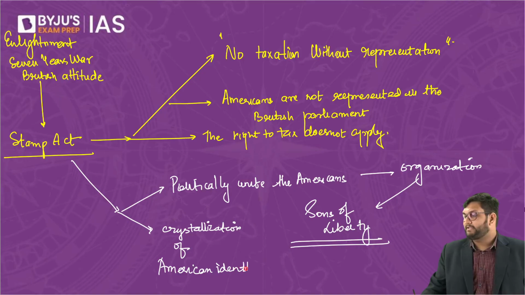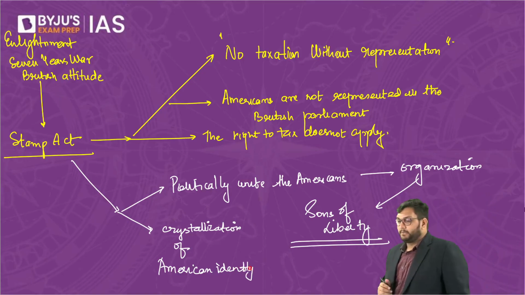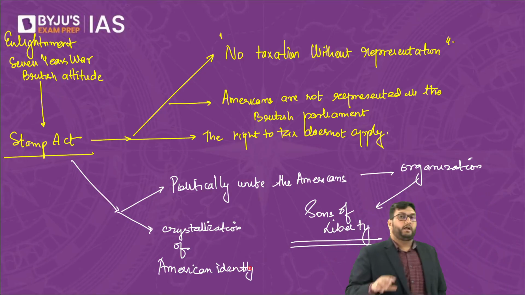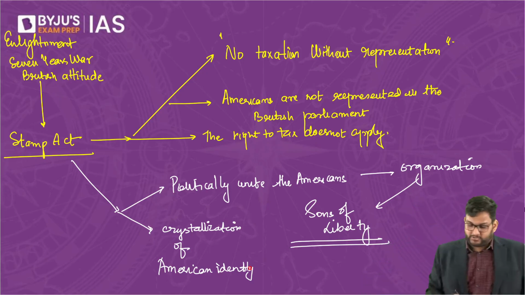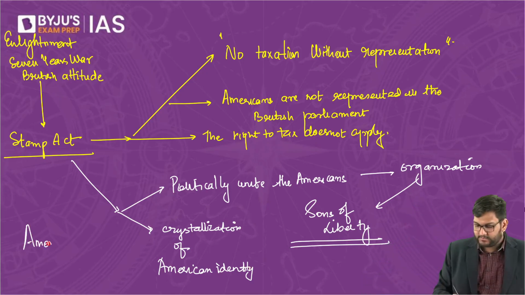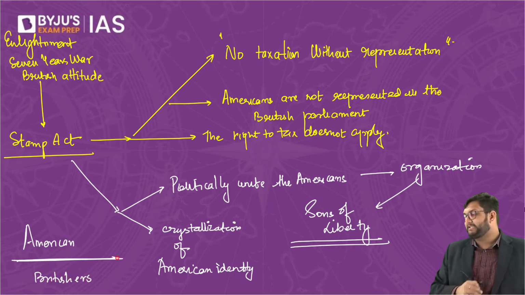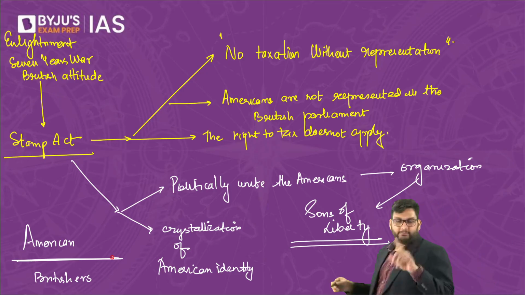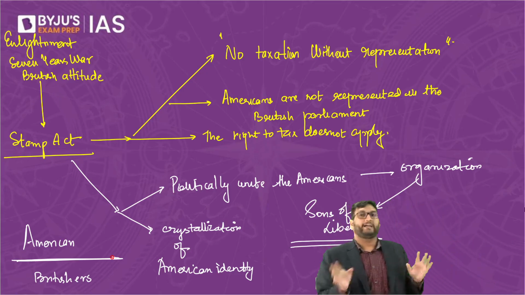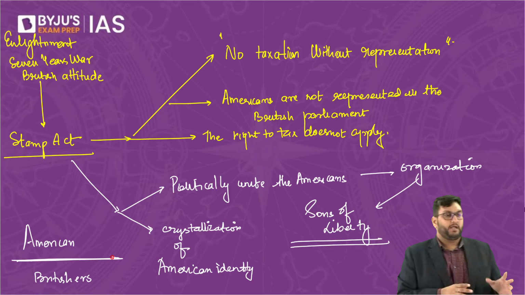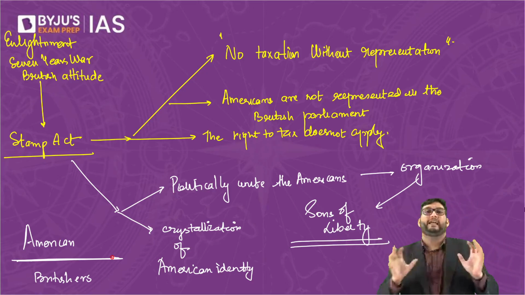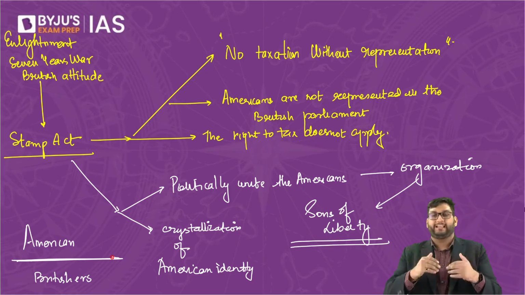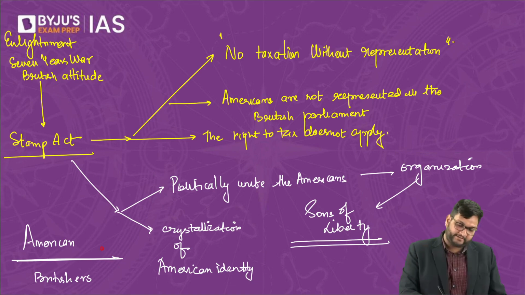What do I mean by this? The point is that now they see American and Britisher as two distinct identities. Though they are Britishers, though they are Europeans sitting in America, now they see American as a different identity itself, and now it becomes American versus Britisher.